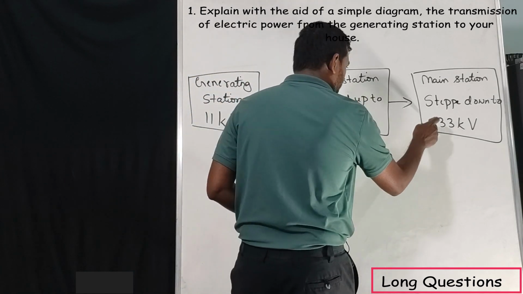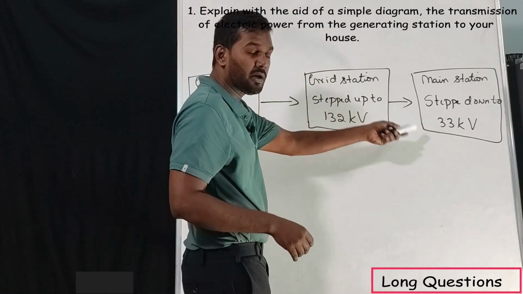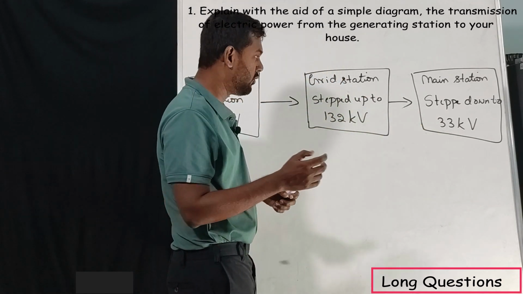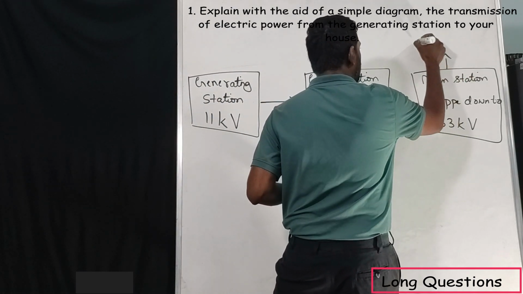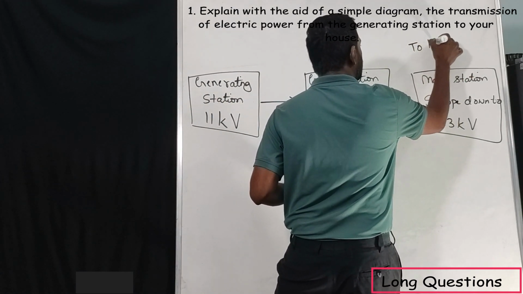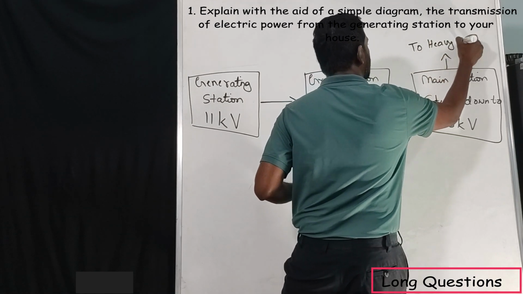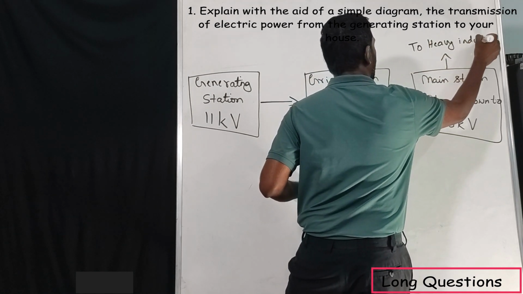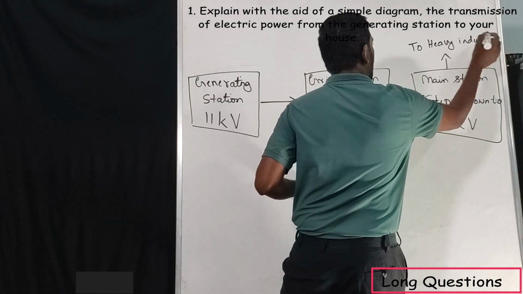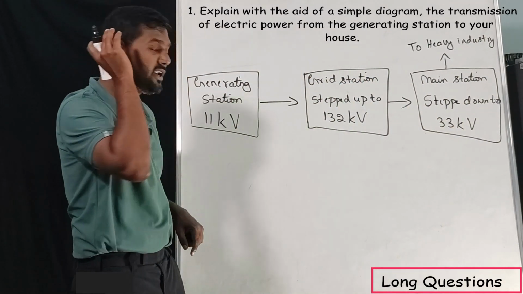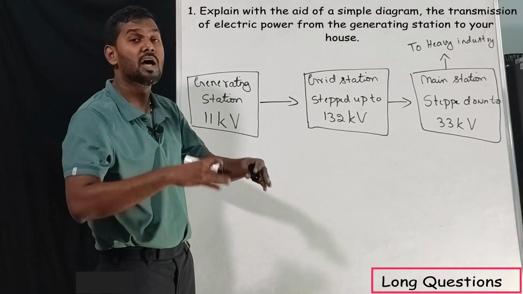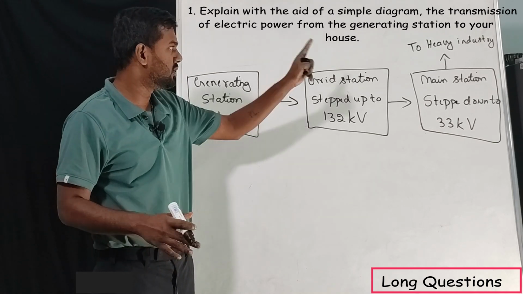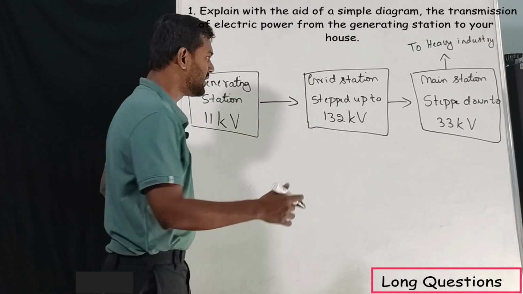So my question is, why do we need to step down exactly to 33 kilovolts? Because it is given directly to heavy industries. Heavy industries like car production require high voltage.